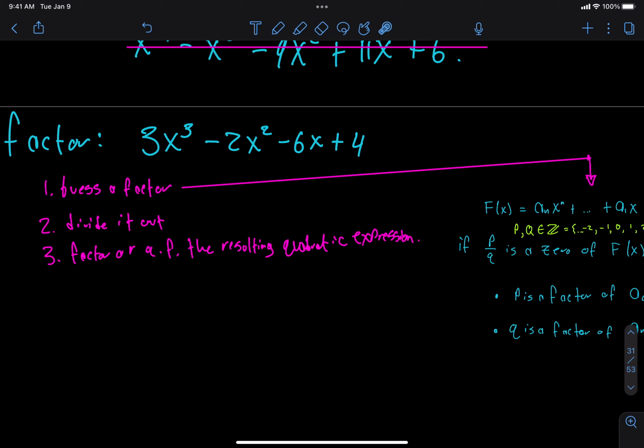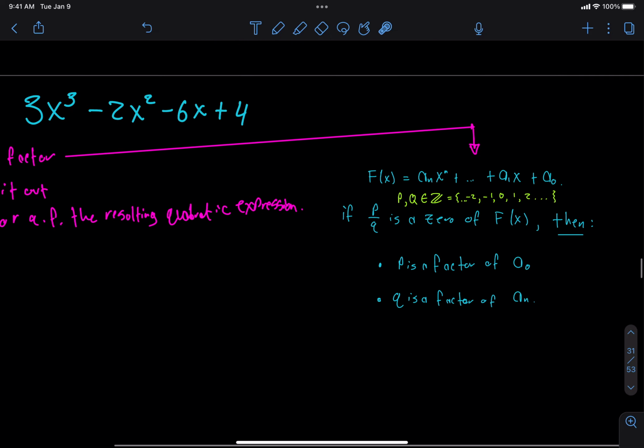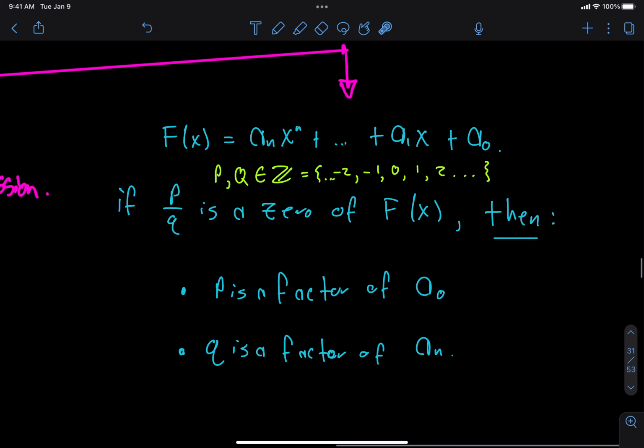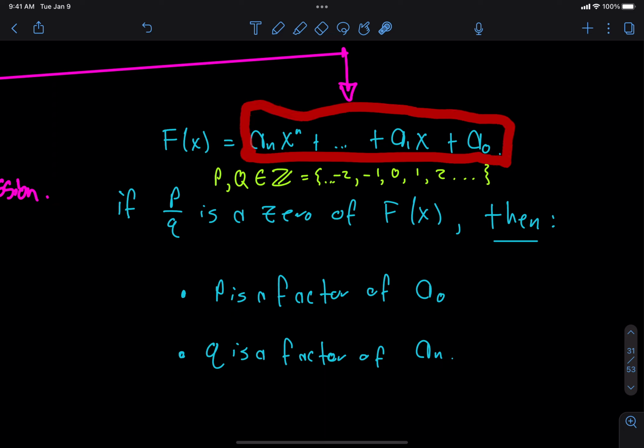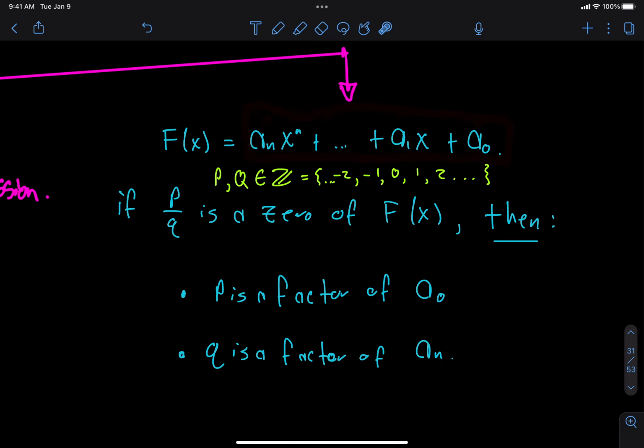So it's useful to have a short list, and that is what the rational root theorem allows us to do, to develop a short list for the roots. It's been a while since we did this, but this is the general form of a polynomial, okay? an, an minus 1, a1 and a0, they're all numbers attached to the various powers of x. The very first term is called the leading term.